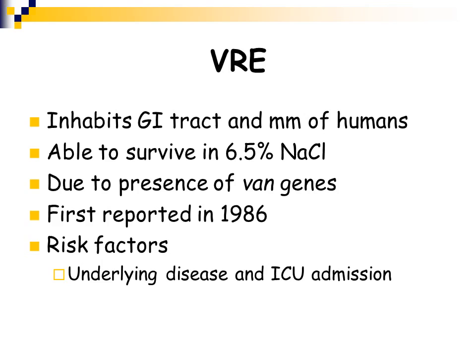It was first reported in 1986. And the risk factors for getting a vancomycin-resistant Enterococcus infection are usually individuals with underlying disease and individuals that are in the intensive care unit of a hospital. So usually more sick individuals.